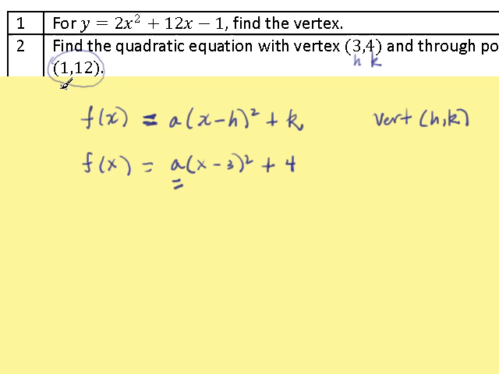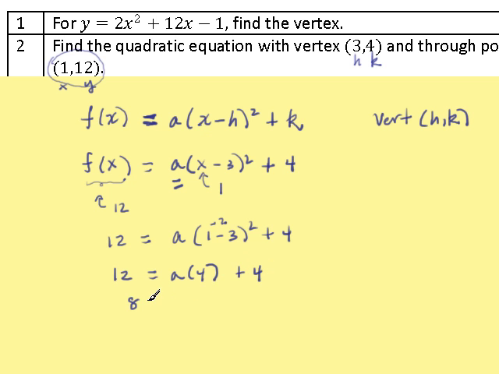We're going to substitute x and y. So here we're going to substitute a 1, and here we're going to substitute a 12. So we get 12 is equal to a times (1 minus 3) squared plus 4. So 12 is equal to a, and this is a 1 minus 3, is minus 2 squared is 4.